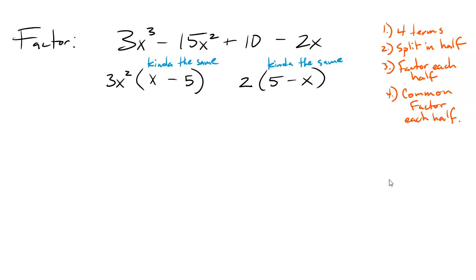So here is the math trick that you can do. If you want to flip a parentheses the other way around, take out a negative symbol. And then you can flip it around.